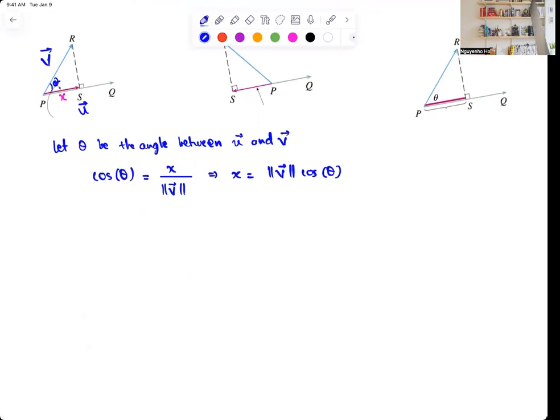Now, using the dot product, you can rewrite cosine of theta using a different formula. Cosine of theta is equal to u dot v divided by the magnitude of u times the magnitude of v. Then you substitute this formula for cosine of theta into the equation for x.